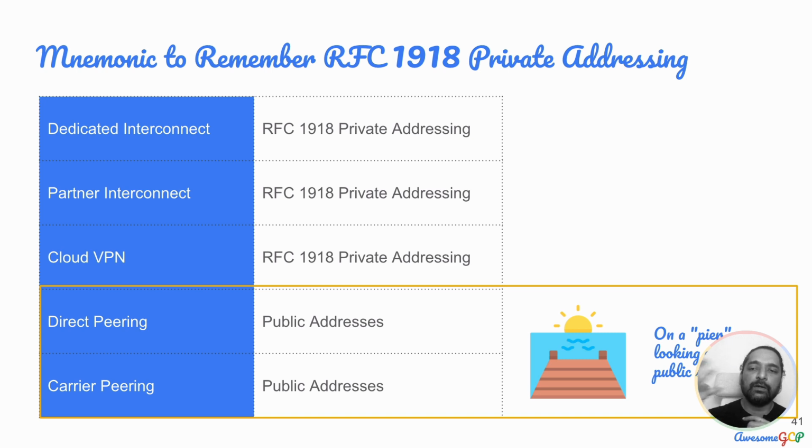So you can think of it as if you're on a pier and looking into public space. In this case, with the peering options, you only have access to public addresses, whereas for the others you can in general remember that they have private addressing. So just a mnemonic to jog your memory about which of these options give private addressing and which do not.